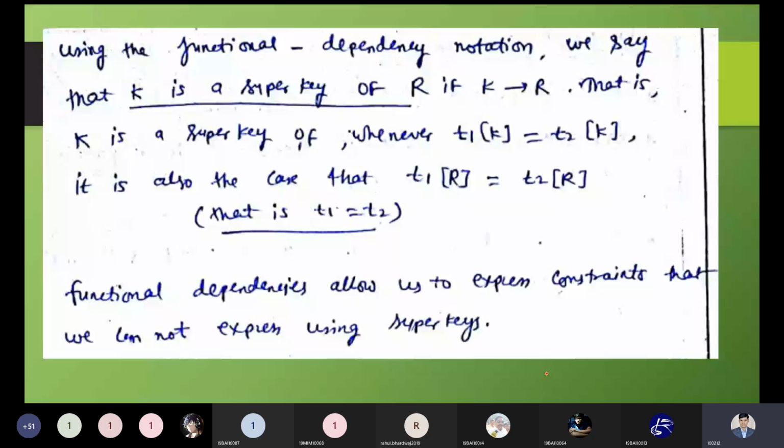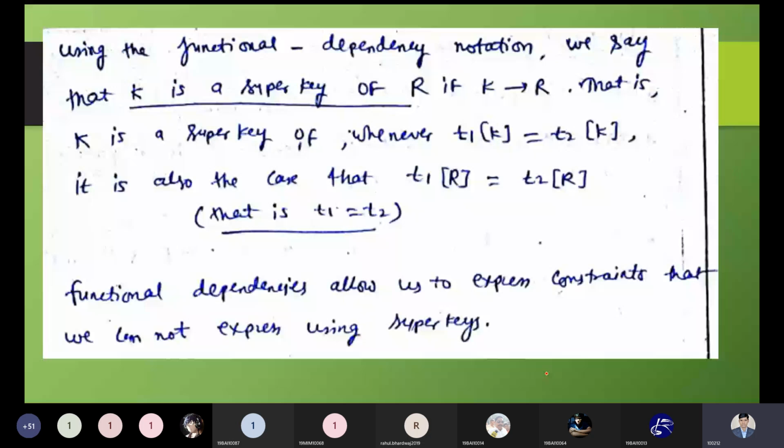So we can say the primary key, just like student number we are having, the tuple values should be equal. Keep in mind the relation value should be equal. So in this case, we can say T1 can be equal to T2. Functional dependency allows us to express a constraint that we cannot express using a super key.